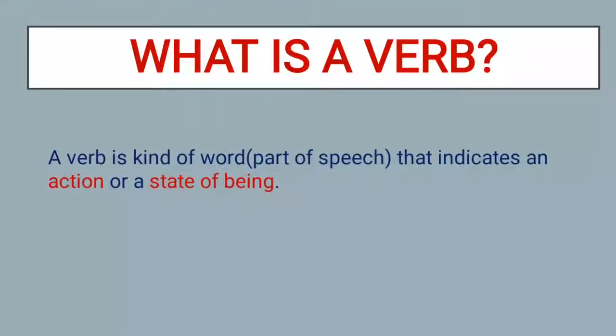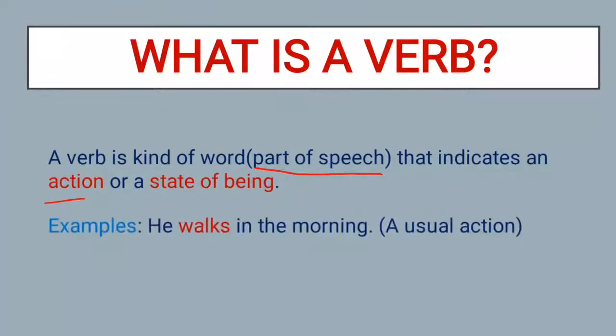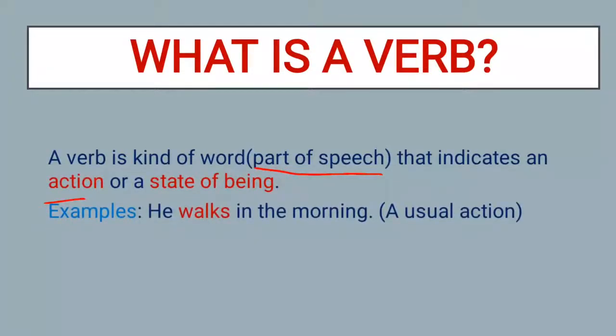Now let's understand the definition of a verb. As per the definition, a verb is a kind of word or it is that part of speech that indicates an action or a state of being. Now before we move forward, we need to understand what is the meaning of action and what is the meaning of state of being.